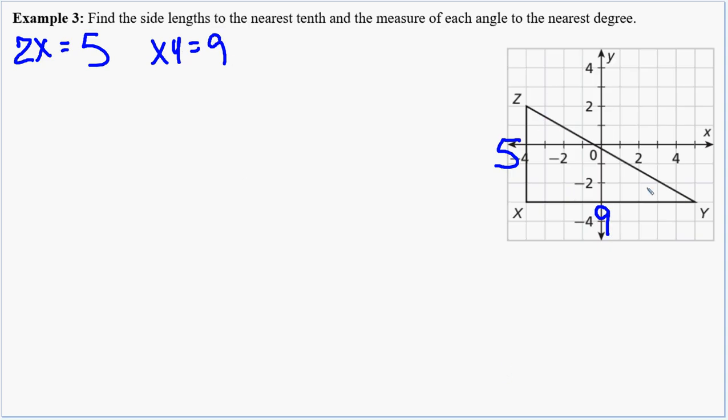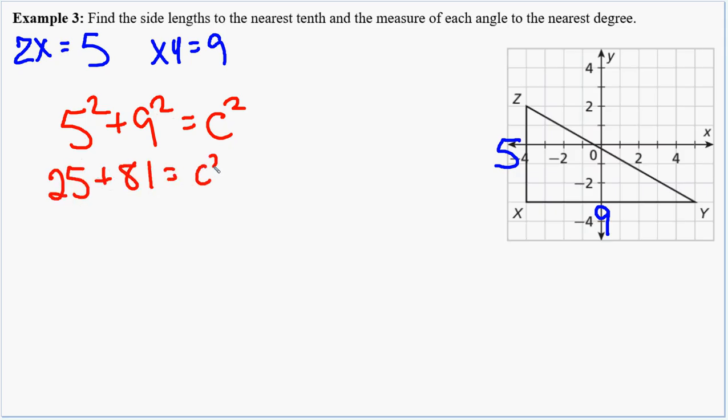And now to find ZY, the hypotenuse, let's do a little Pythagorean theorem. Leg squared plus leg squared equals hypotenuse squared. I square the 5, I square the 9, I add them up and get 106 is equal to c squared.